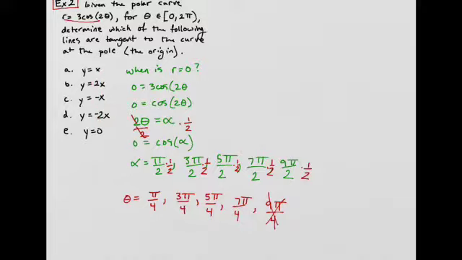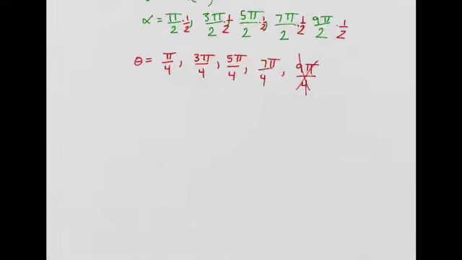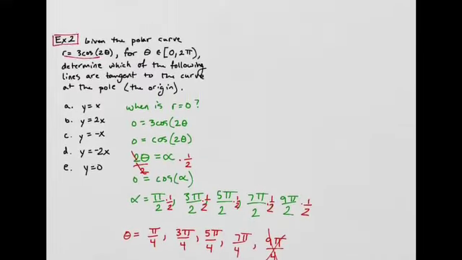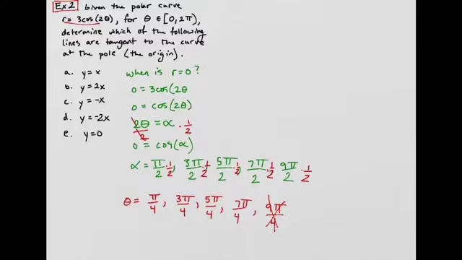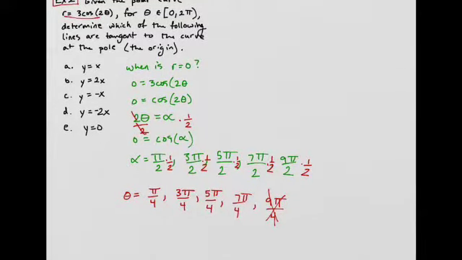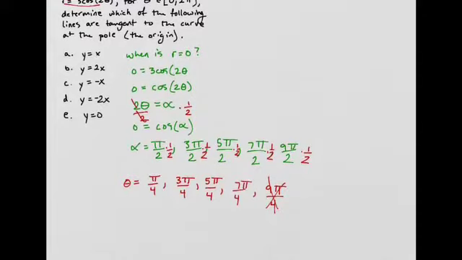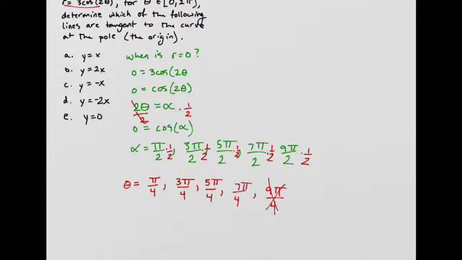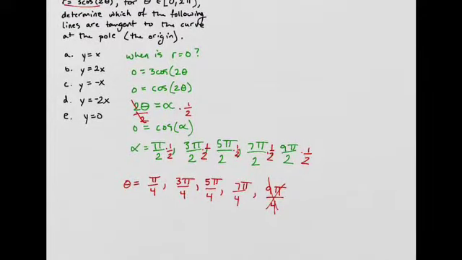Let's find the derivative of this and plug in these theta values to find out what the slope is at those points. Whoops. So, the derivative. You should try it on your own, but I need to write down my y, my x, and then take the derivative of those separately and then plug stuff in. So I'll write out the derivatives first.